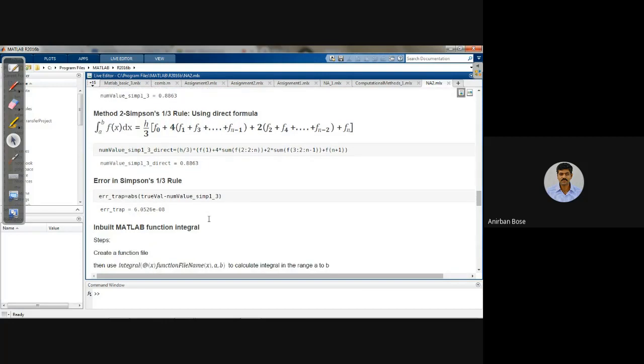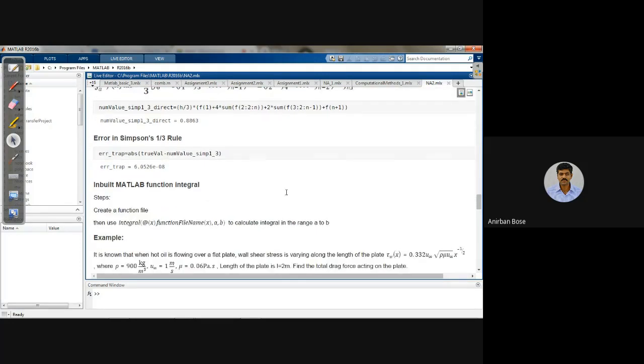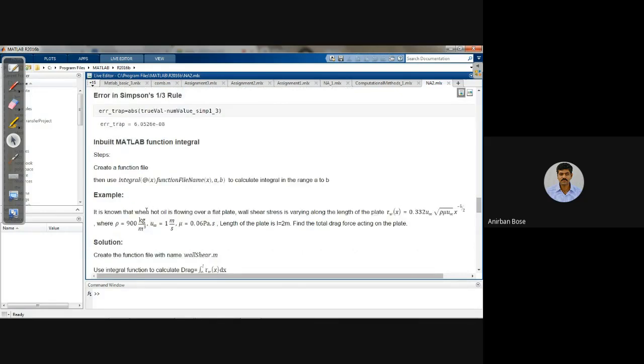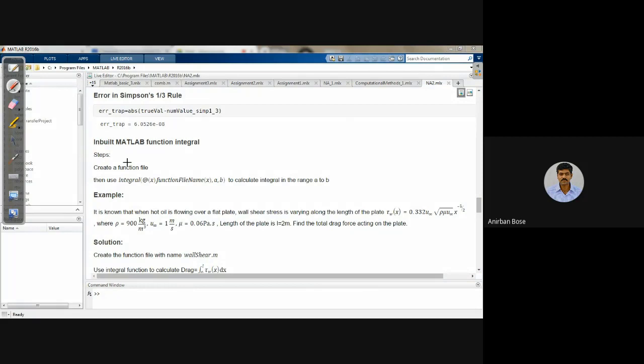Now after that, you can also use the inbuilt MATLAB integral function to do the integration. Instead of this kind of numerical integration, you can directly use the MATLAB inbuilt function. To use it, you have to remember the syntax. First, you have to create a function file.